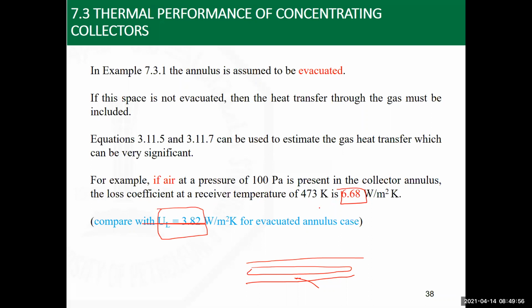You see, it's close to twice the value, so the losses are going to be doubled if it's not evacuated but there is air inside. So definitely evacuation has resulted in about 50% reduction in the losses due to the non-existence of convection heat transfer, for example, for the air.